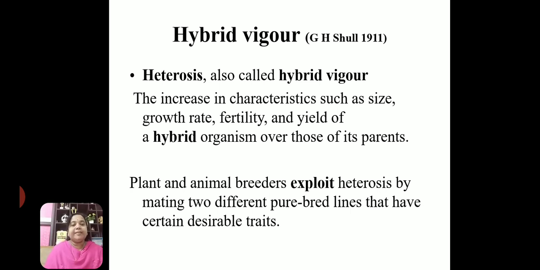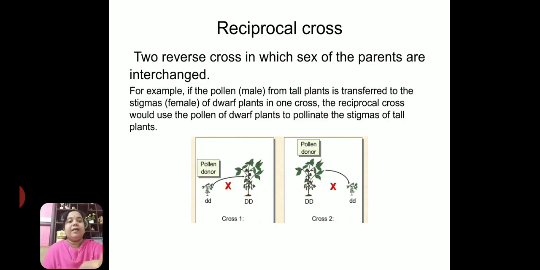So crossing two different pure lines having desirable characters, when the two best characters of the parents come together, it will give vigor to the hybrid. The term hybrid vigor was proposed, or identified, by G.H. Shull in 1911.